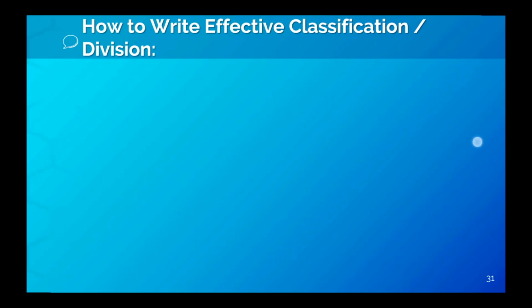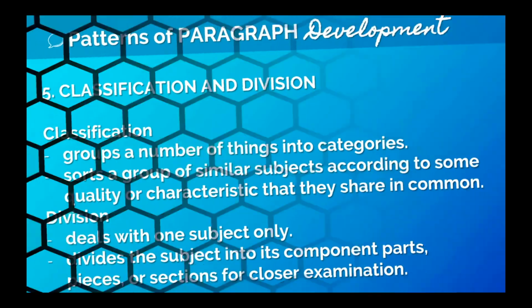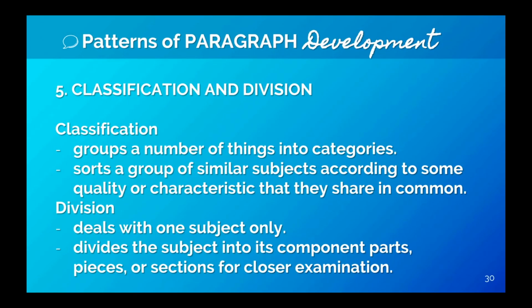Example, your topic is about diet. So you can classify diets according to the food intake. There are many types of diets, so you can classify those diets by the food intake, by what food is allowed to be eaten by the person observing the diet.